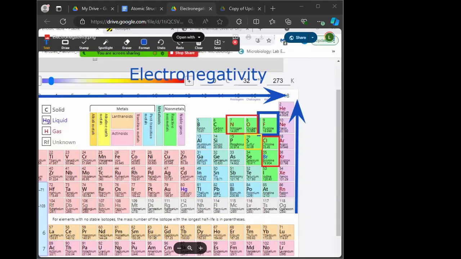Okay, so what you have to do though is you have to compare the electronegativity. It's not enough to just go, "Oh, it has an electronegative element. It's polar." No, you cannot do that. The reason why is because you should think about it more like a tug of war between the two elements.